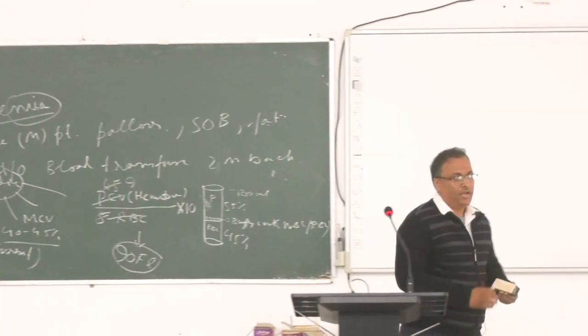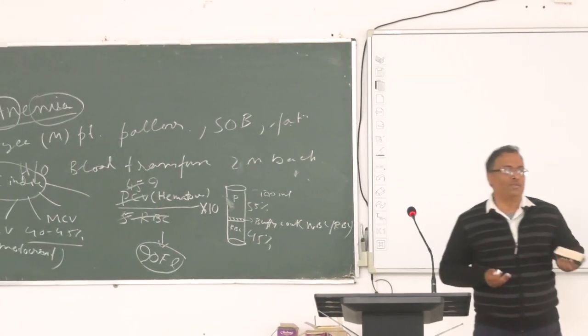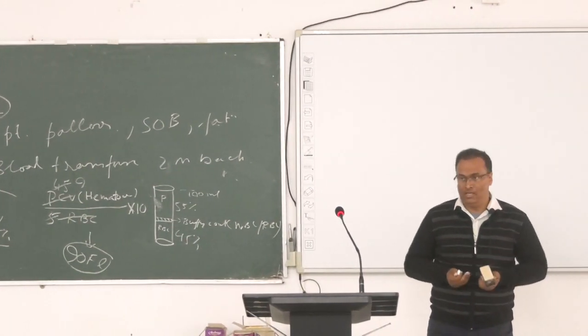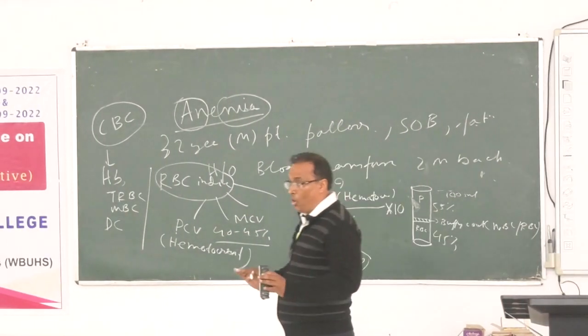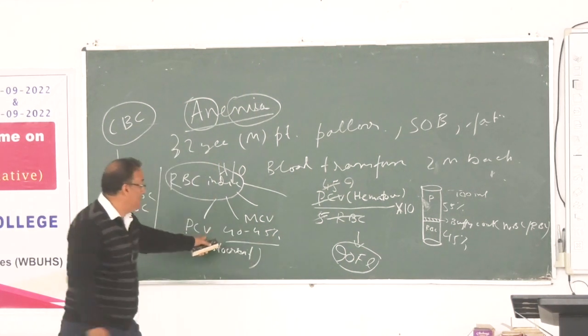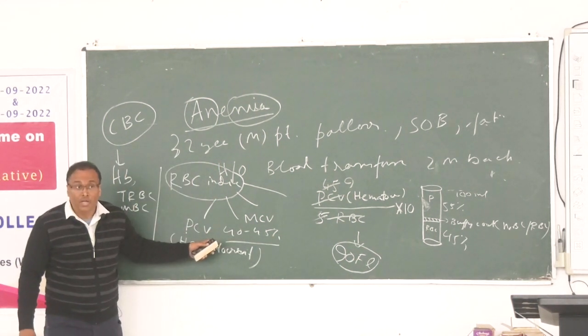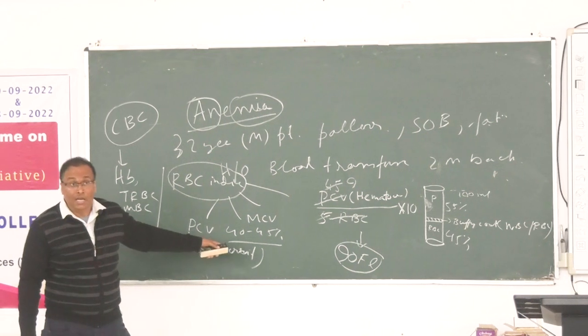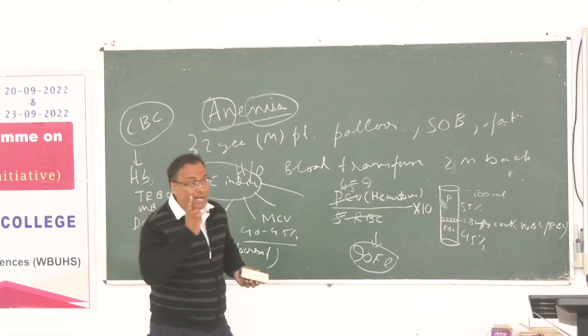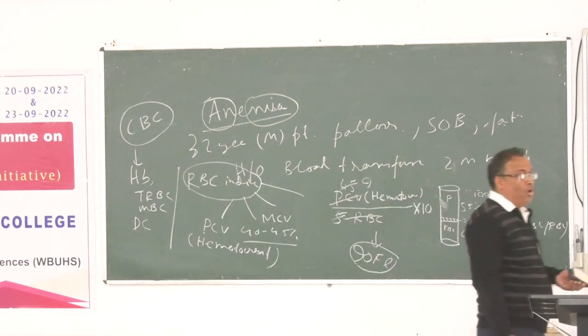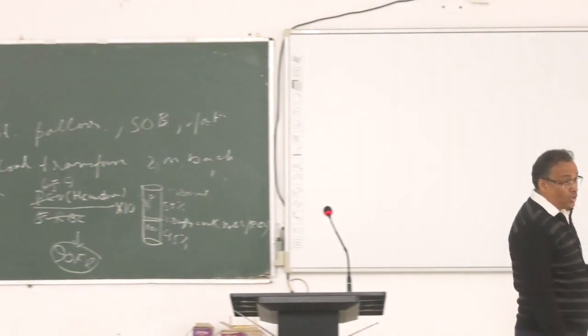So if there is a patient suffering from some reduction of RBC or oxygen carrying capacity is less, or hematocrit value is less, or hemoglobin concentration is low, then we term it as anemia. Anemia ক্ষেত্রে কি বললাম? Anemia is only detected when the oxygen carrying capacity of RBC is less, and it depends on the age, sex and environment.